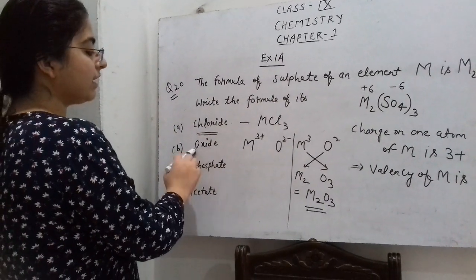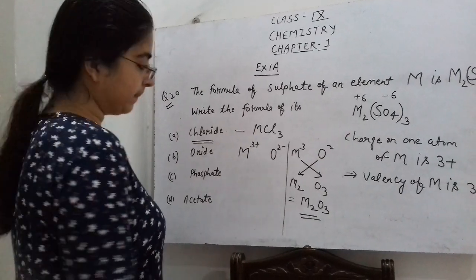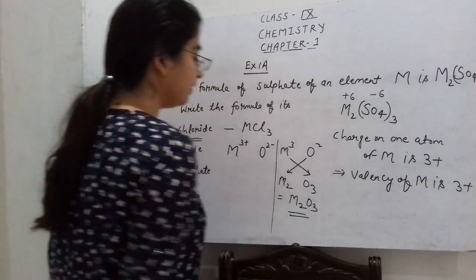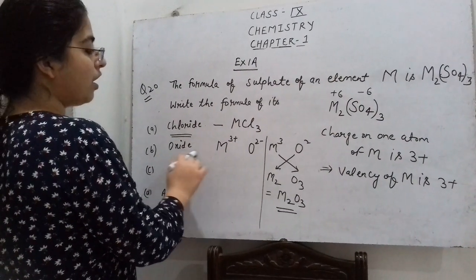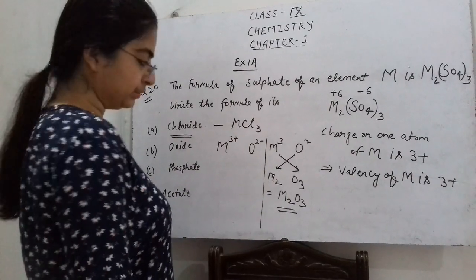In the same way we will calculate the formula of the oxide of element M. The valency of element M is plus 3, as we have found here, and the formula of the oxide radical is O and the charge is minus 2.